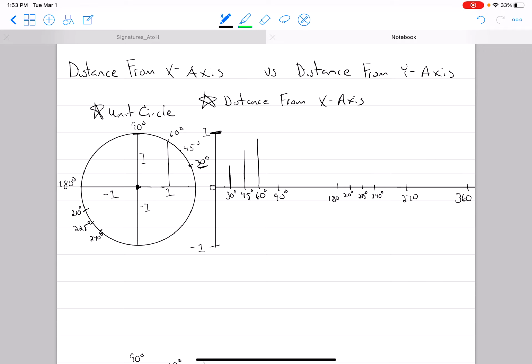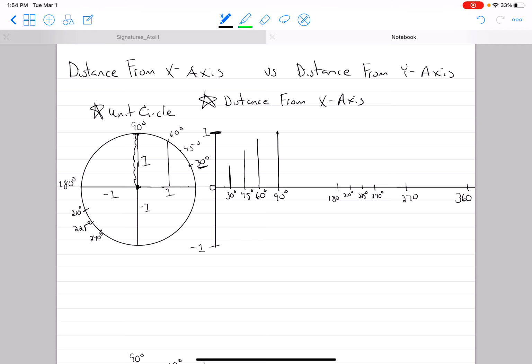That's from here to here. We know exactly how far that is because that is a 1, right? We know that the length of this line is 1, so from here to here is also 1. So I just did the distance of all those angles from the x-axis.